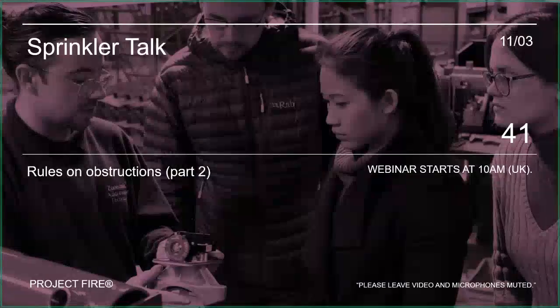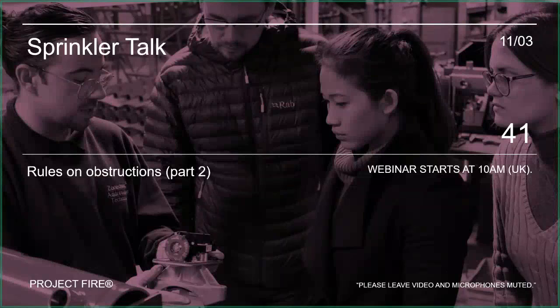We talked about how sprinkler heads are placed in regards to supporting beams. We don't want them too close to the beam because that's going to interfere with the discharge pattern of the sprinkler heads. The main thing we're looking at is how the water is evenly discharged onto the fire, so we don't want anything that's going to affect that.